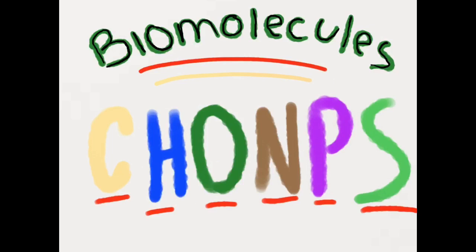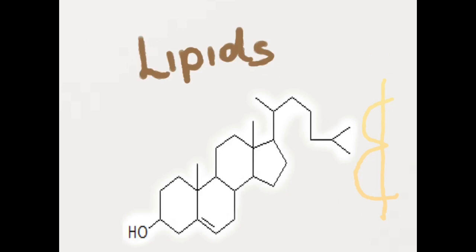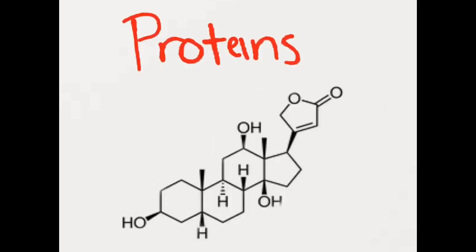They are called biomolecules because the elements are the most predominant and versatile that compose living matter. Carbon is the most important because it has the ability to form stable covalent bonds. In this video, we're going to talk about carbohydrates, lipids, and proteins that are formed by biomolecules.